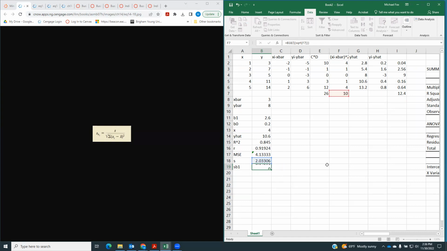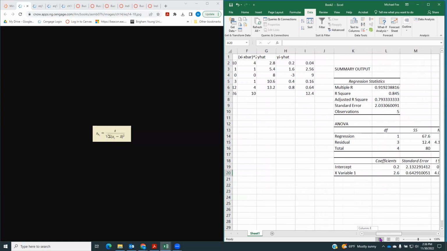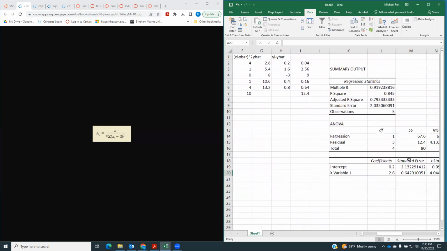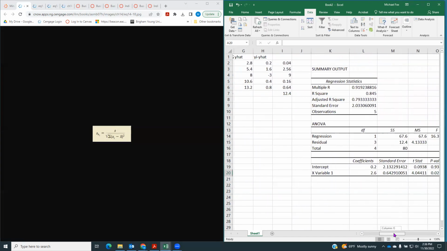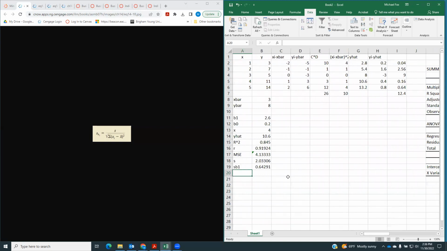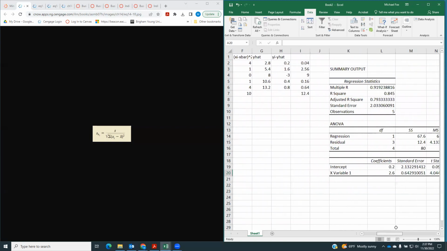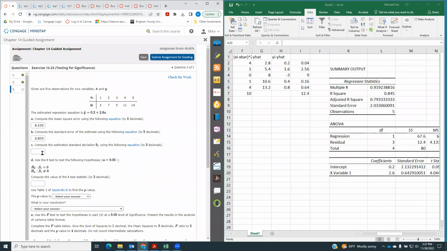I could have got away with just one. And there it is. We'll also see that that shows up over here as the standard error for X, or for the variable 1 there, okay? So again, here's how you calculate it. Here's where it shows up in your regression output. And it wanted 3 decimals, so 0.643.